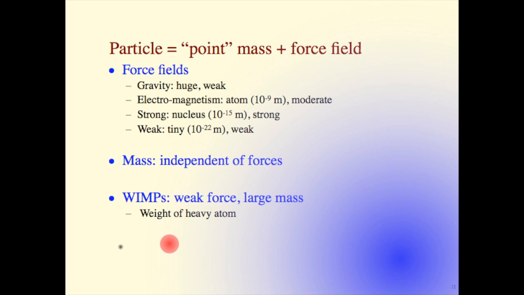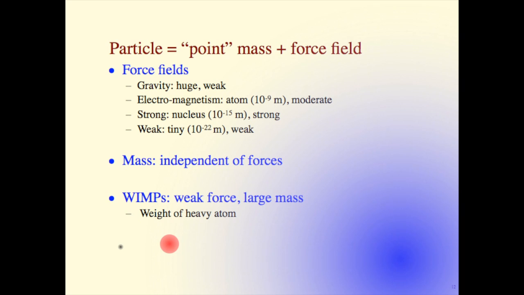And the point is, in our modern quantum mechanical view of the world, a particle has 2 components. There's some point-like mass, and point-like means, as far as we can tell, they're infinitely small in extent. And exactly how infinitely small, we don't get. I mean, if it's truly infinitely small, what in the world does that mean?